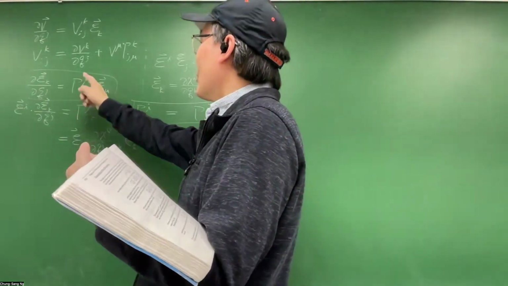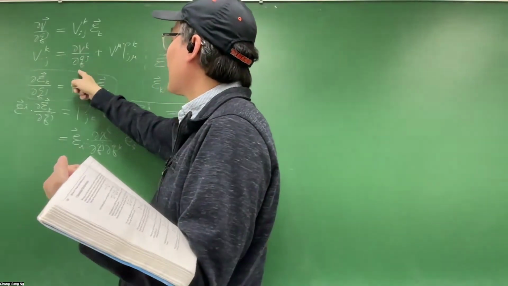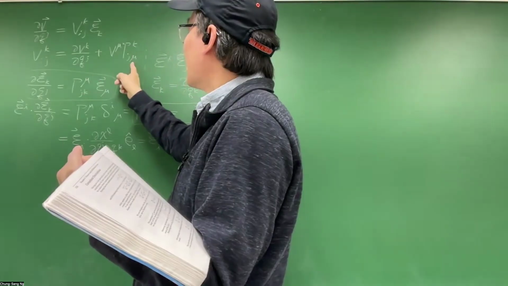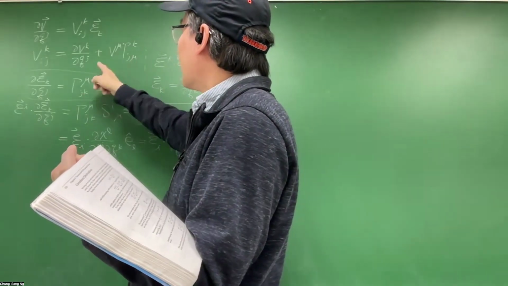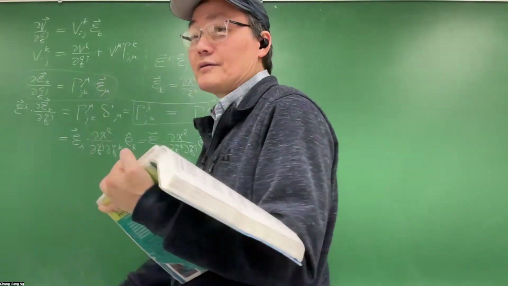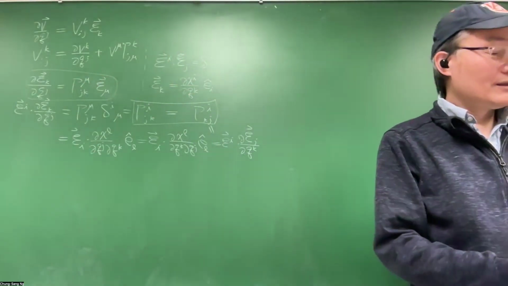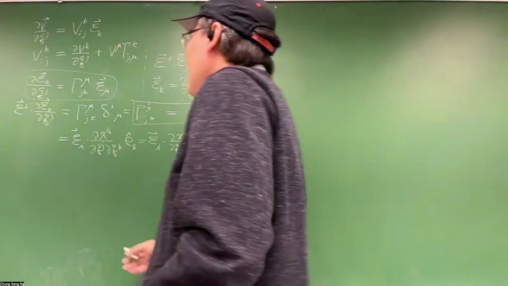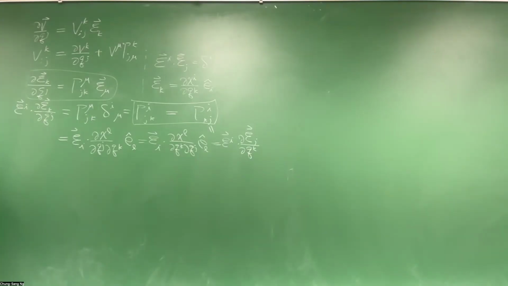Likewise, we already showed that just this term, these partial derivatives, is not a tensor. So you need to combine the second term with the Christoffel symbol, then the whole thing is a tensor. It's not difficult to show, you just need to follow the rule.